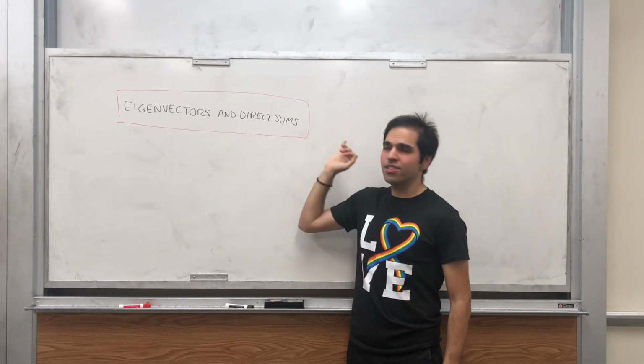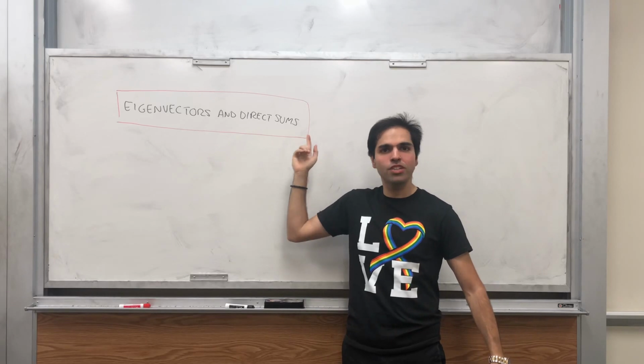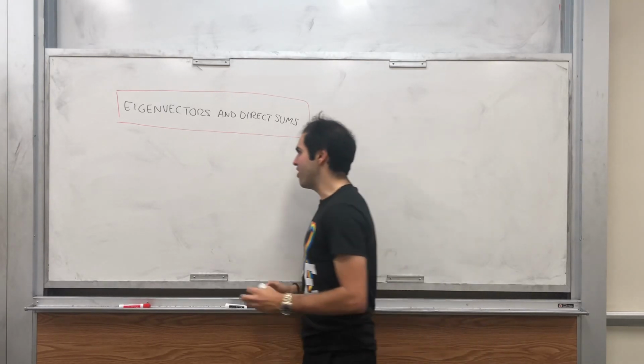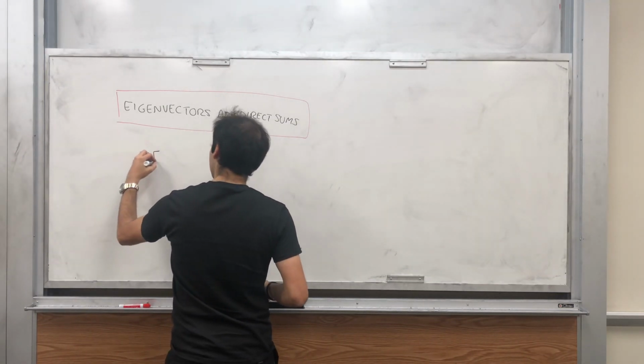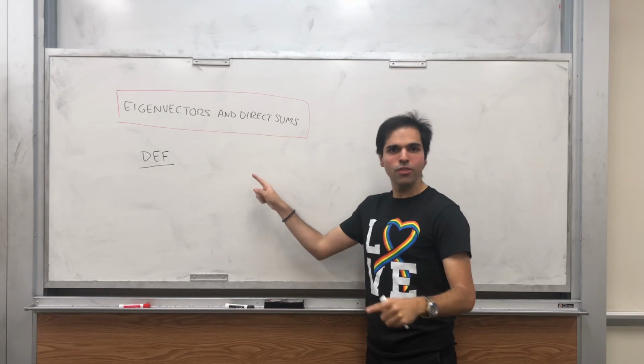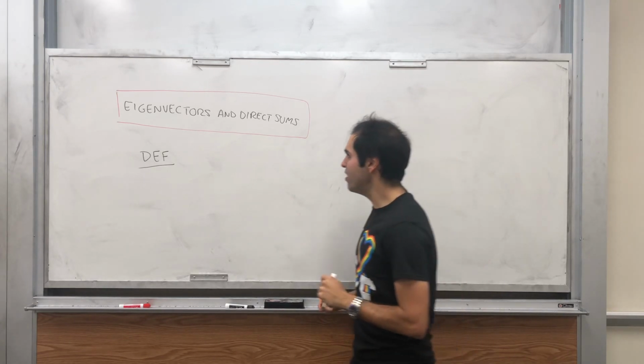And really the best way of describing this geometry is with the notion of direct sum, which let me define it now. And there are many different definitions. I'll use the one that's slightly easiest to deal with.